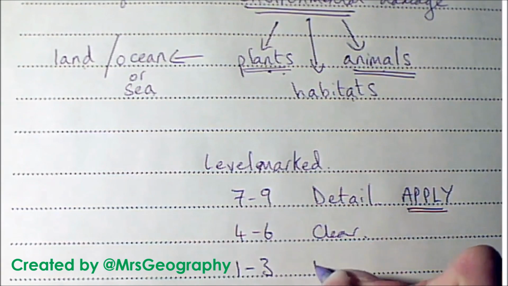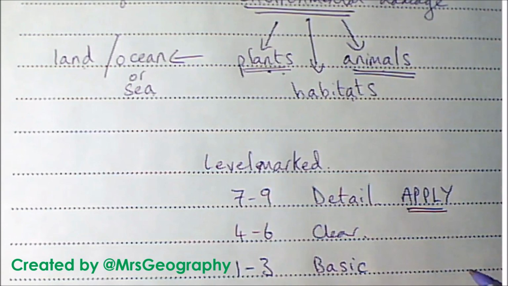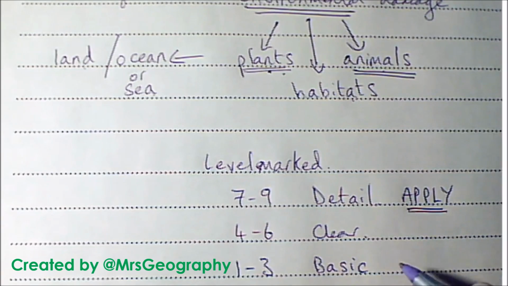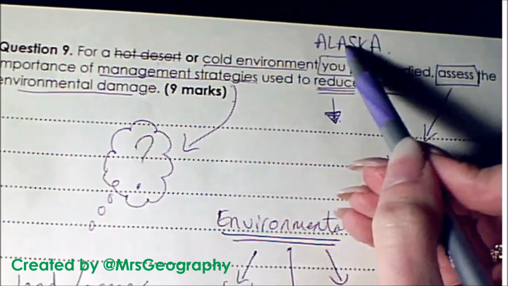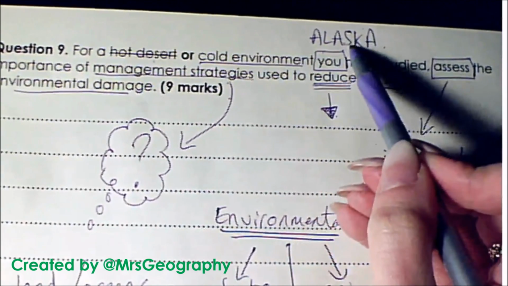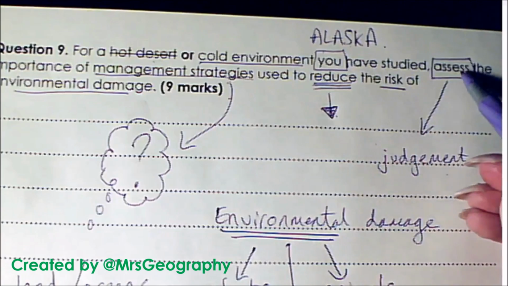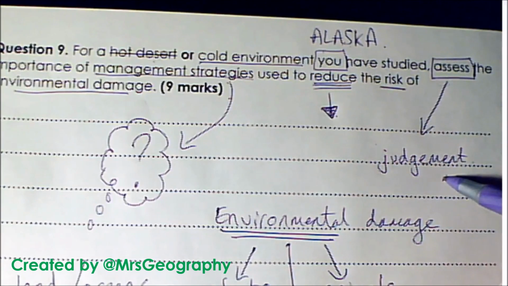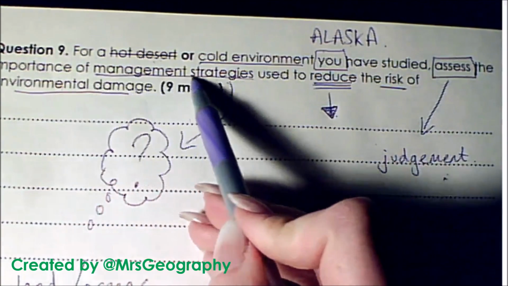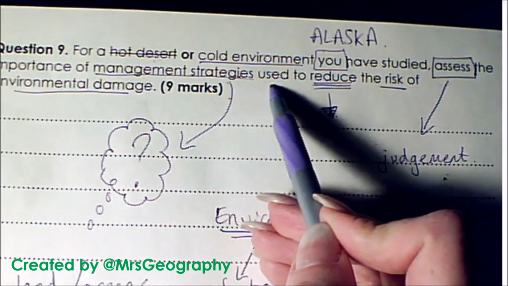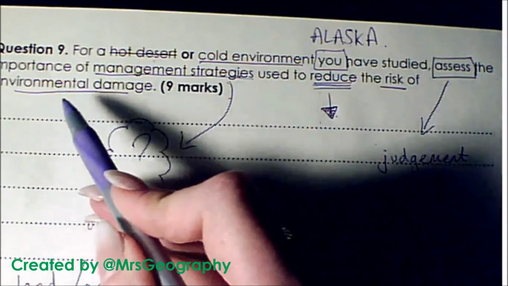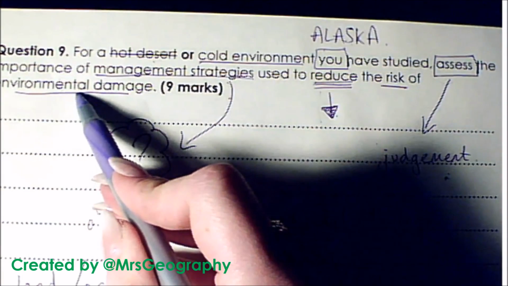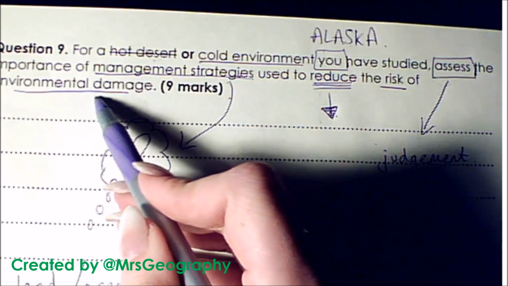And for 1 to 3, it's basic, limited, simple statements. If we go back to the question, we're looking at Alaska as our cold environment, but you might have studied a different one. We're assessing and making a judgment about which management strategy is used to reduce the risk of environmental damage. And remember, we're after a winner.